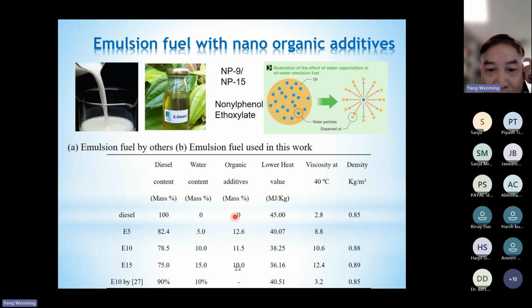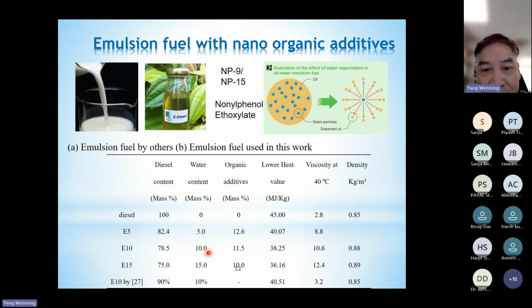We also have organic additives in this emulsion fuel. For example, E5 has 12.6% organic additives, actually some biodiesel, and also some glycerin. E10 contains about 11.5% additives, and E15 contains 10% organic additives.